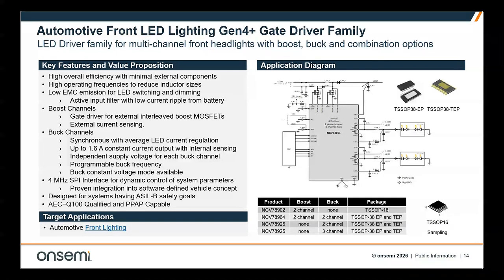So it is, of course, AEC-Q100 qualified, and the family spans the NCV78902, the 78964, and the 78925, across the SSOP package. So in other words, alongside the network we have described, this fully completes the picture: the intelligent, software programmable, controllable edge device that brings the architecture to real life.